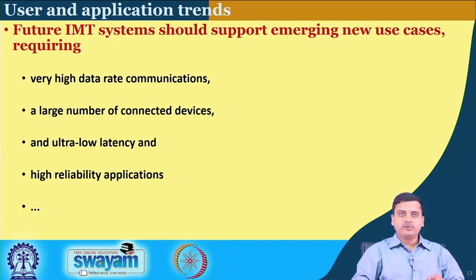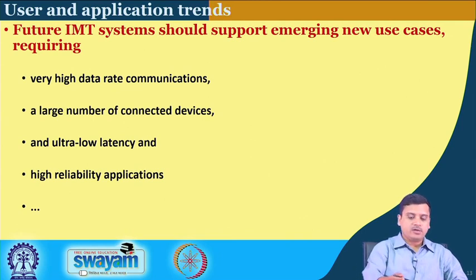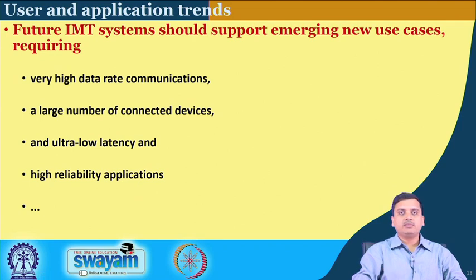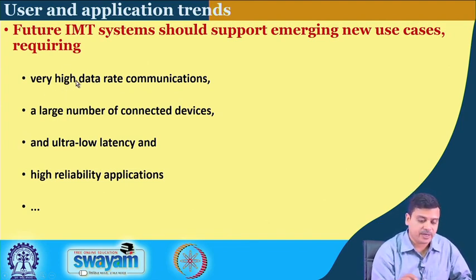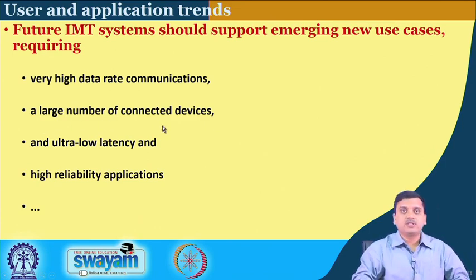If we just get back to when things were in the second generation, the primary requirement was to provide digital voice across entire Europe with roaming. Now, see the changes that have come in. Voice is not featuring at all in the set of requirements. It is assumed that it will be amongst the multimedia services. Things have gone much beyond voice, to very high data rate. Numbers are not specified here; numbers are going to come up at the end of it. Large number of connected devices was never a requirement earlier.